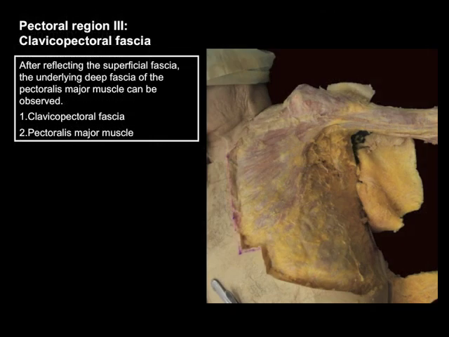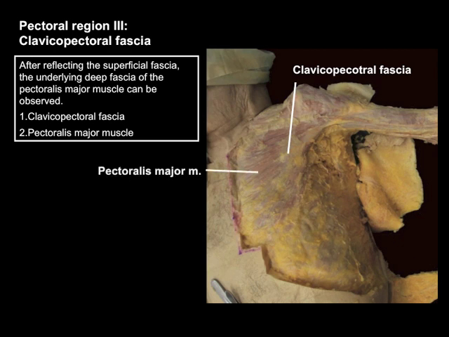After reflecting the superficial fascia and the mammary gland in the female cadaver, the underlying deep fascia of the pectoralis major can be observed. Shown labeled is the clavicle-pectoral fascia, which represents the deep fascia of the pectoralis major muscle.